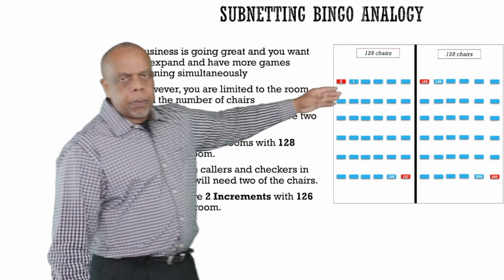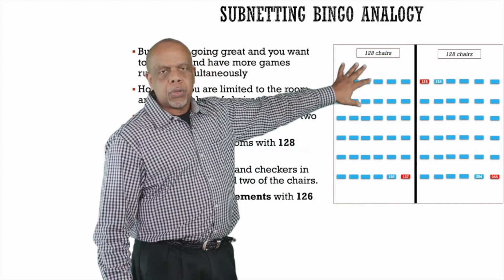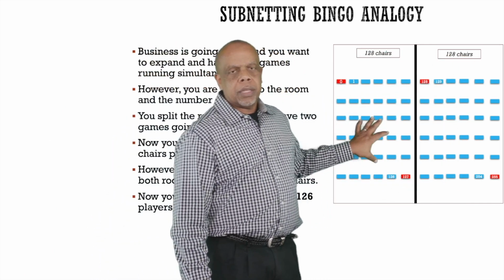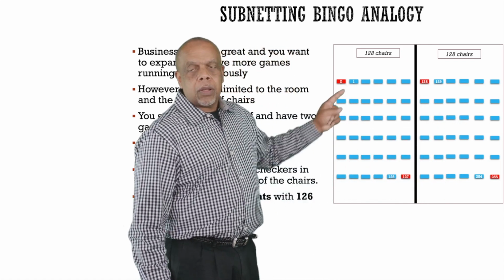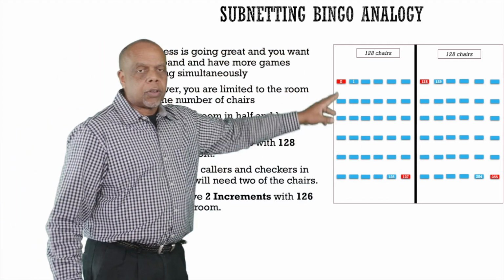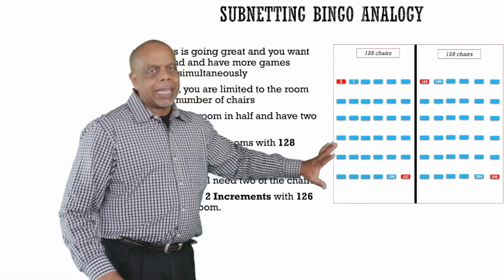What I do is put up a partition in the middle of my room, splitting it right in half. I've got 128 chairs on one side, 128 chairs on the other. This is my $2 room. This is my $5 room. Now, the thing to remember is, like we said before, with bingo you always have to have a caller and a checker. So in each room, the first and the last chair I can't use.